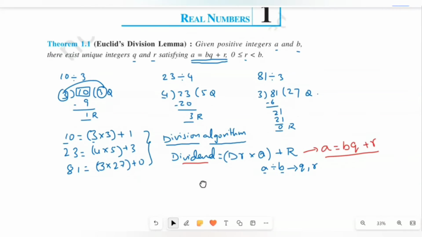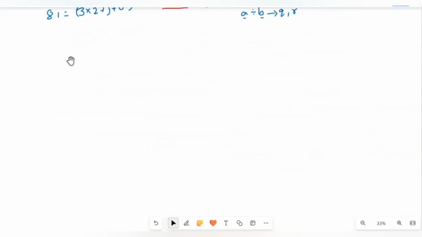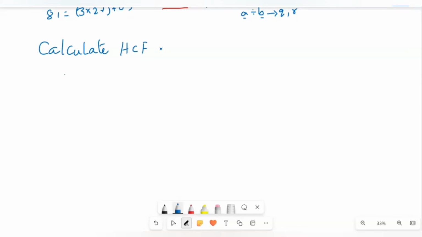Calculate the HCF of two positive integers, 455 and 42.